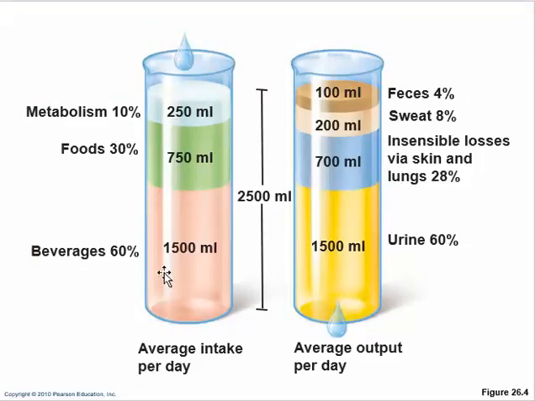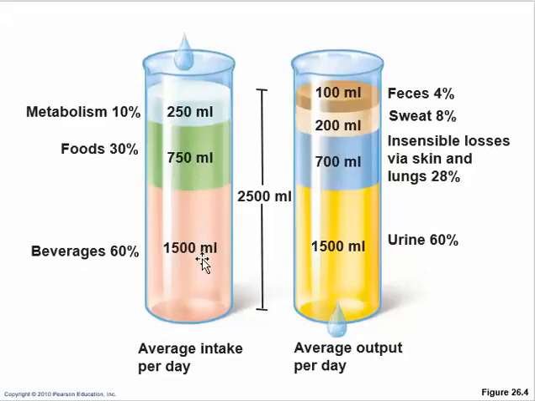So this is kind of an average of things. 60% of the water is from stuff we drink, 30% is from what we eat, and 10% is what we make. We lose 4% in feces, 8% in sweat, 28% in insensible losses through breathing, and 60% through urination.